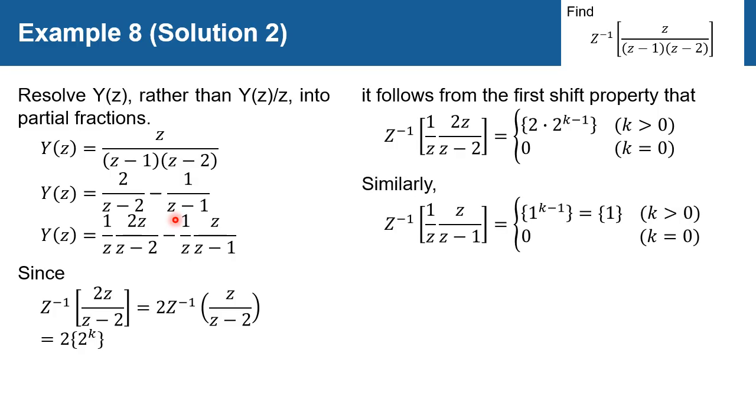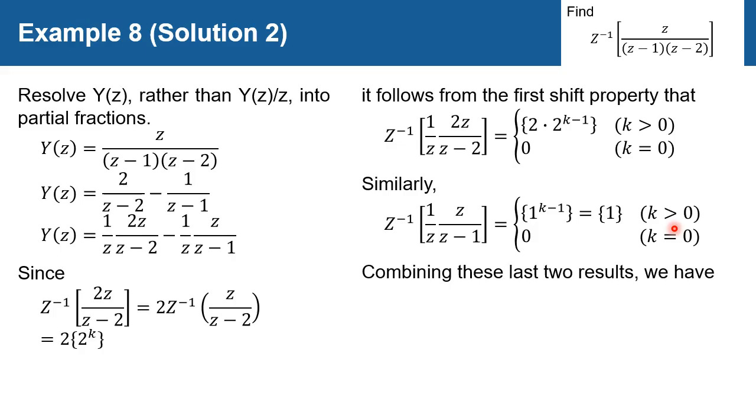Similarly, the inverse Z transform of 1 over Z times Z over Z minus 1 is equal to 1 raised to K minus 1, which is equal to 1, where K is greater than 0, and that is 0 if K is equal to 0.